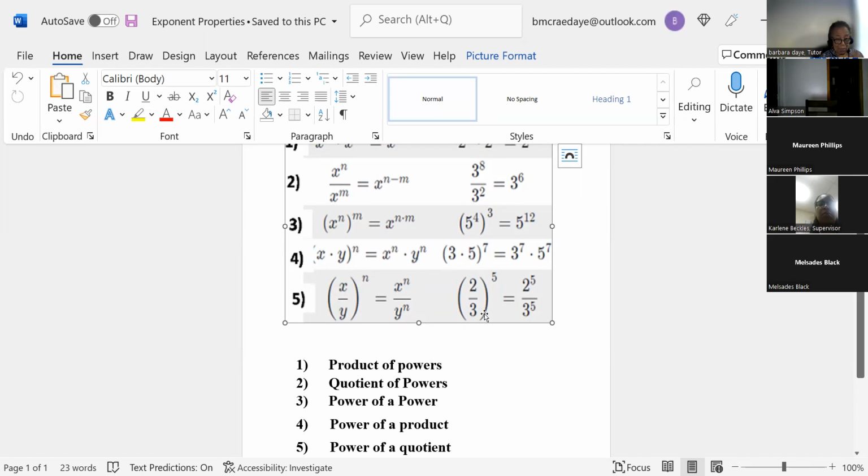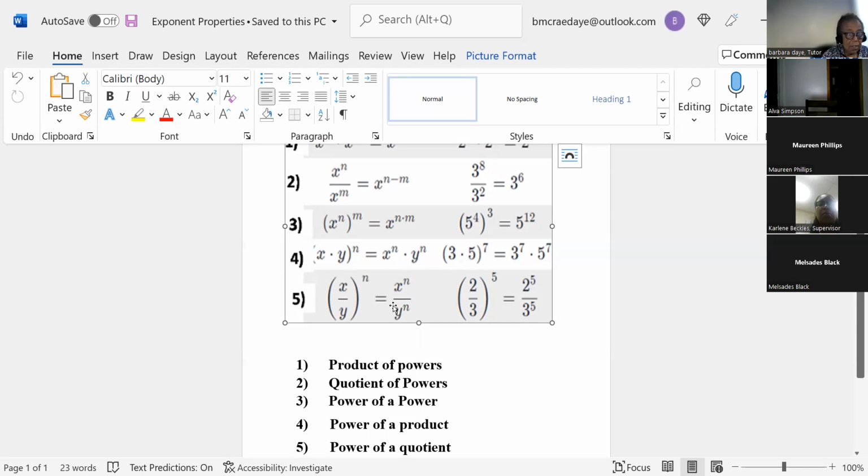With 2 over 3 to the 5th power, that's 2 to the 5th power divided by 3 to the 5th power. You plug each into your calculator to get a number for the numerator and the denominator, and then divide it out.